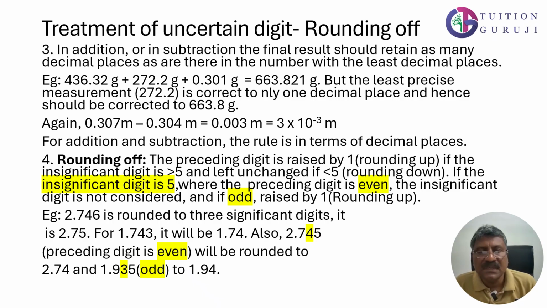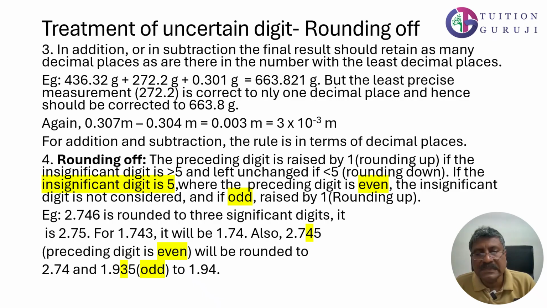The first number has 2 decimal places, the second one has 1 decimal place, and the third one has 3 decimal places. But since the least is 1 decimal place, the result should also have only 1 decimal place. So even though the result is 708.821, we will consider it as 708.8, since we have to take only 1 decimal place in this case.